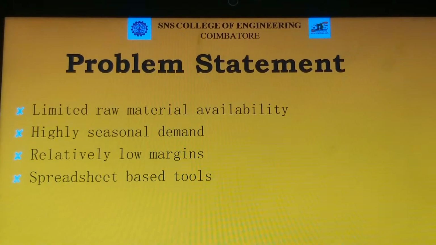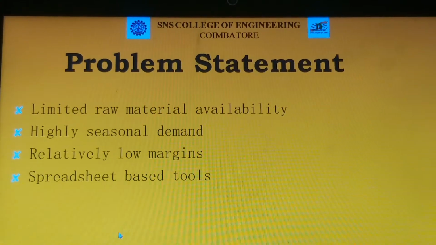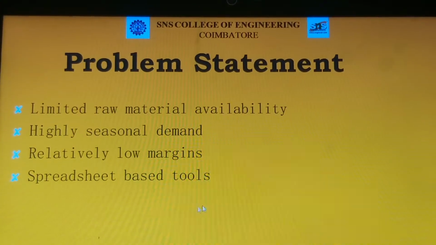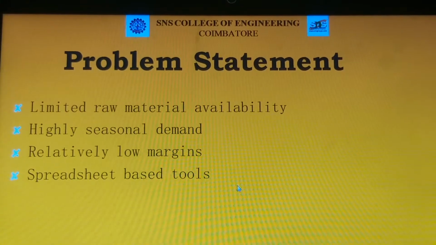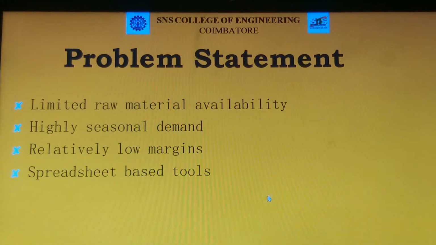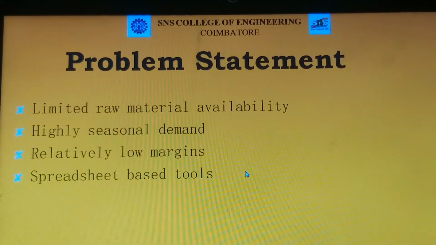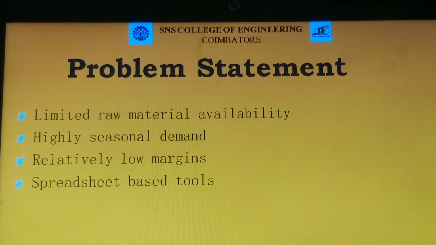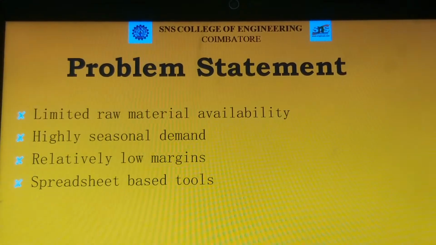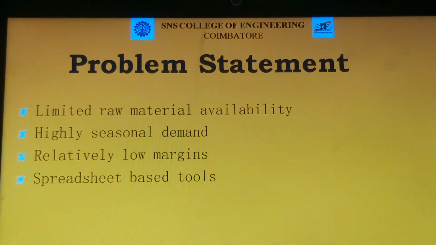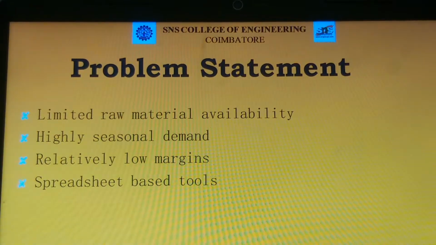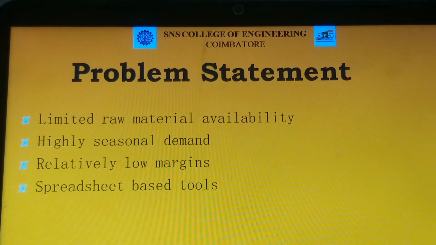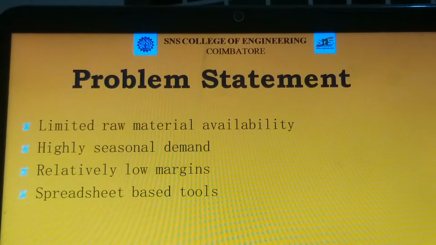The spreadsheet-based tools mean the lack of predictive data analysis is missing with Sunsweet Growers. That is, the entire organization today is based on data. Data science plays a predominant role in today's problem solving, and that is lacking and lagging with Sunsweet Growers.